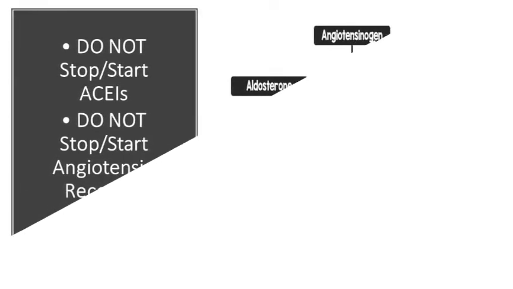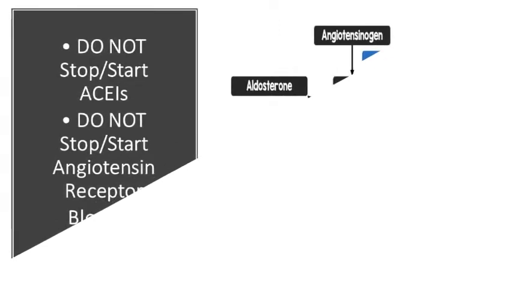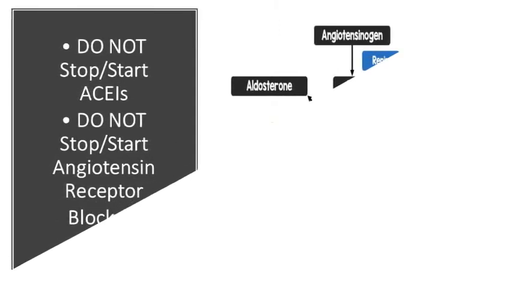As we can see from this figure, angiotensinogen will be transformed into angiotensin 1 through renin, and angiotensin 1 will be converted into angiotensin 2 through the ACE. As you know, ACE inhibitors work here at the angiotensin converting enzyme to decrease the formation of angiotensin 2.